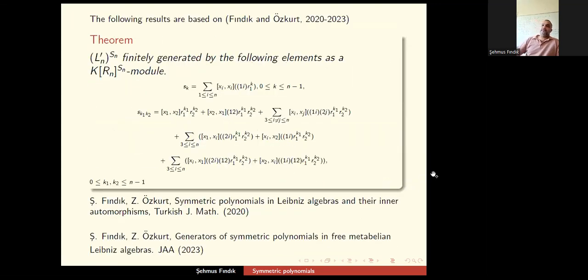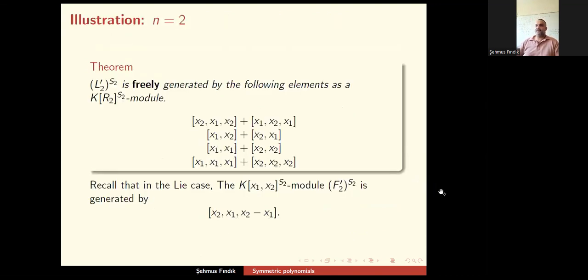So this is the main theorem in the Leibniz case. It's very complicated, in fact. But the visualization for small ranks, we have these ones. So L2 prime to the S2. Okay, we are working in the commutator ideals because the linear elements are already known, and they all come from the polynomial case.